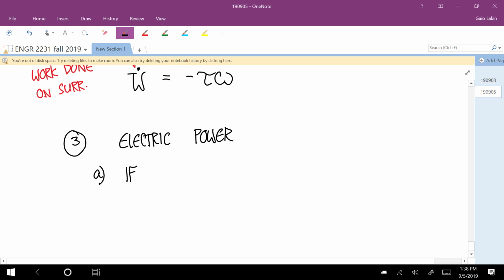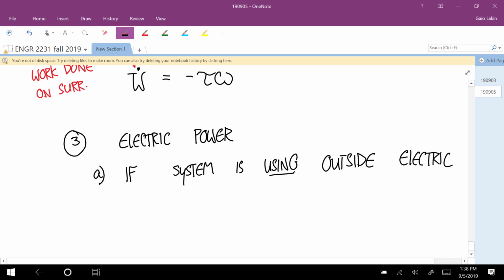So A, if the system is using outside electric power, then the rate of work done, W dot, is negative voltage times current.